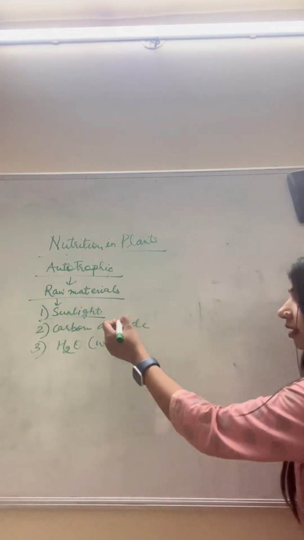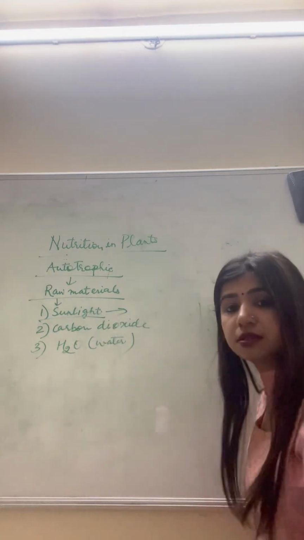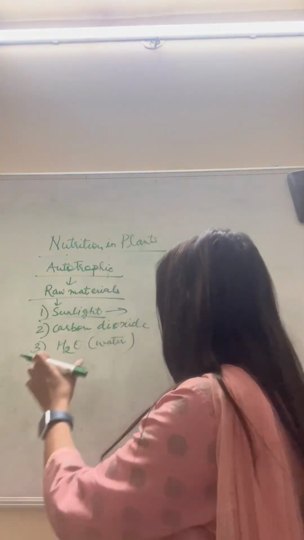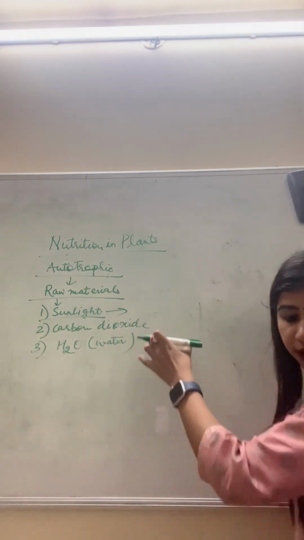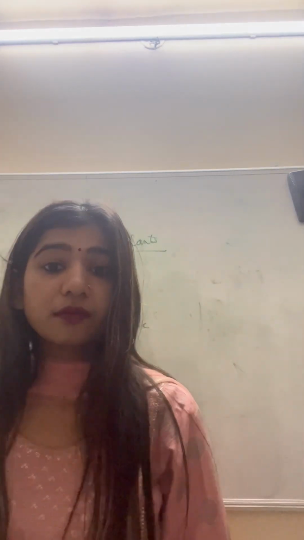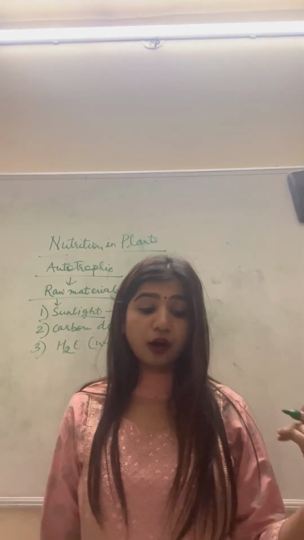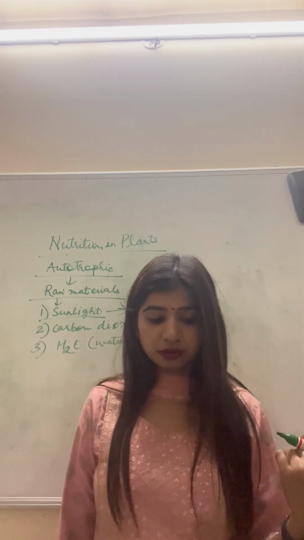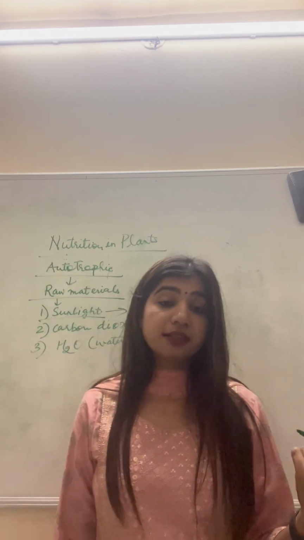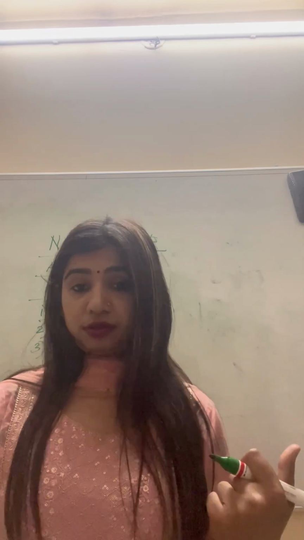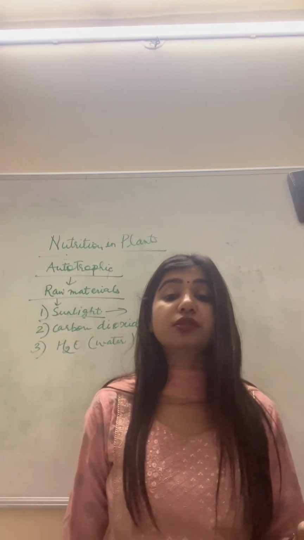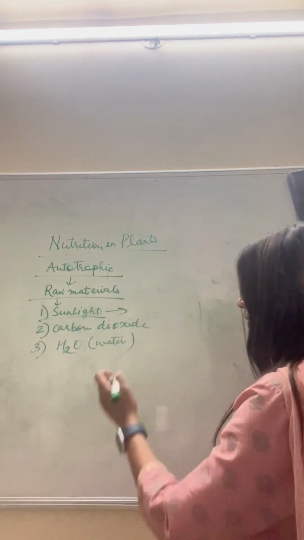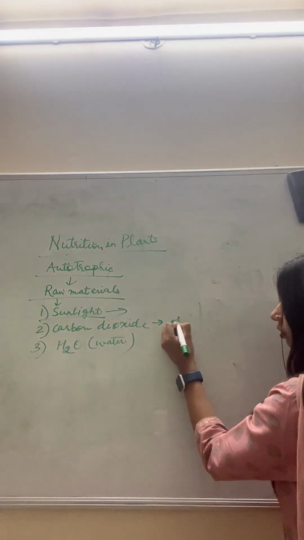Sunlight comes from the sun. Carbon dioxide is taken in. How are plants able to take in carbon dioxide? Carbon dioxide from air is taken in through tiny pores, and those tiny pores are called stomata.